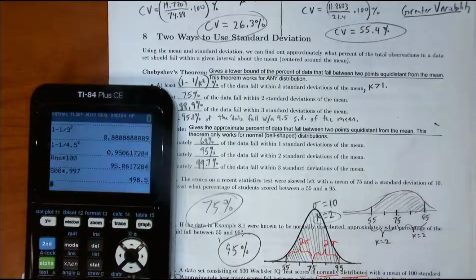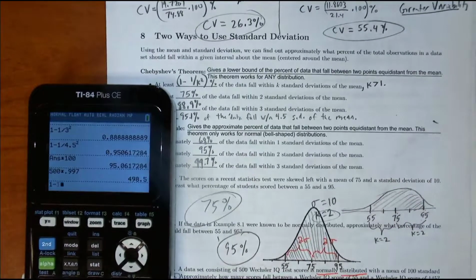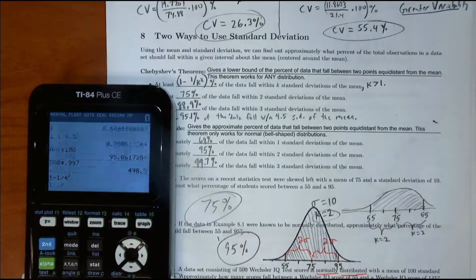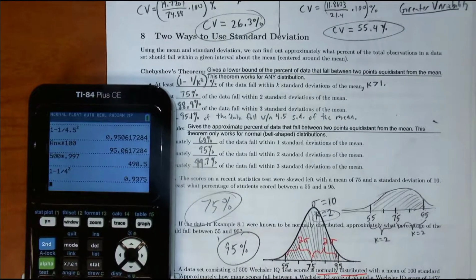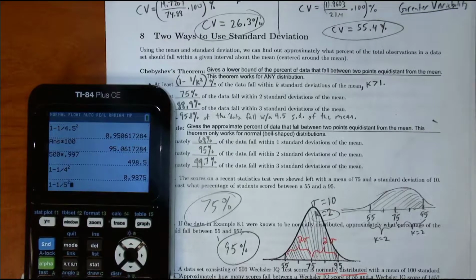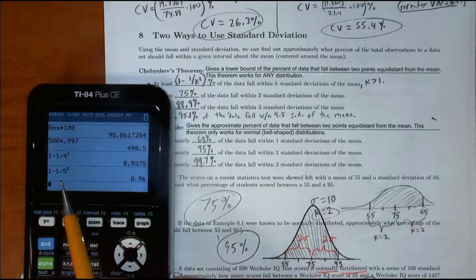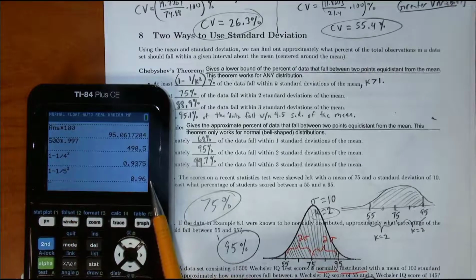So if you plug in 4, 1 minus 1 divided by 4 squared, you get 93.75. If you plug in 5, 1 minus 1 divided by 5 squared, oh, there you go. 5 standard deviations. So if you plug in a k value of 5 into Chebychev's formula, you get 96%.